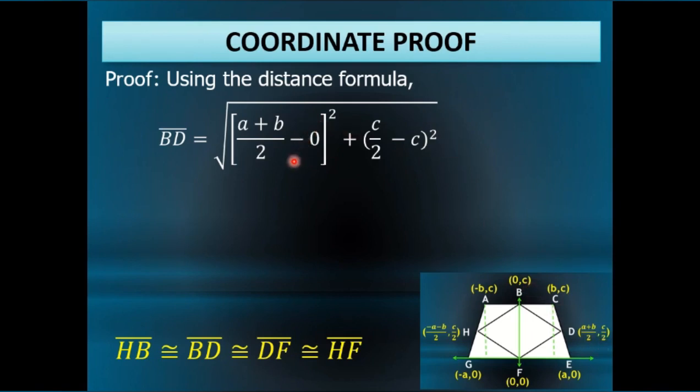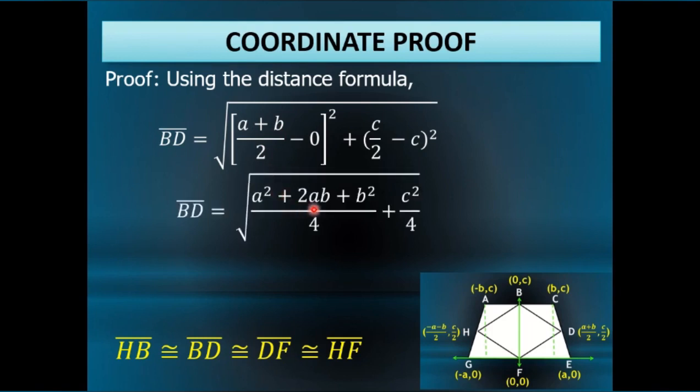So we can now cancel this one. And then we have a times a is a squared. 2 times a times b is 2ab. And then b times b is b squared. The same thing with the denominator. We get the square. That is 2 squared is 4. So again, we have the square root of a squared plus 2ab plus b squared over 4.